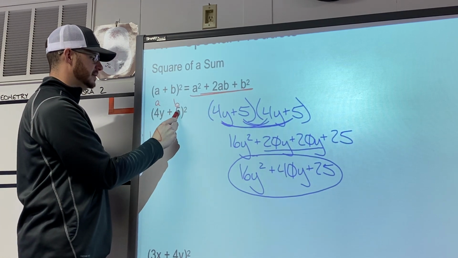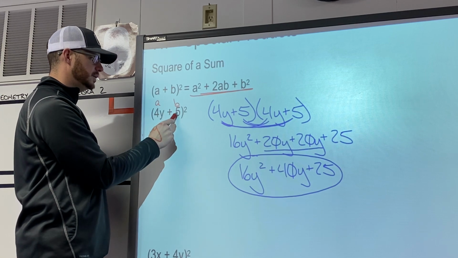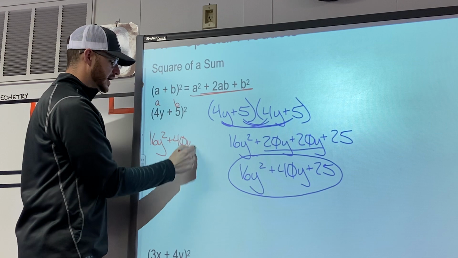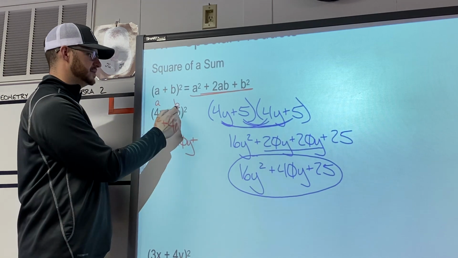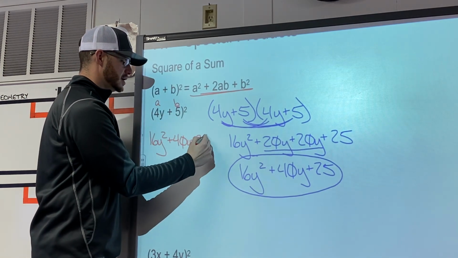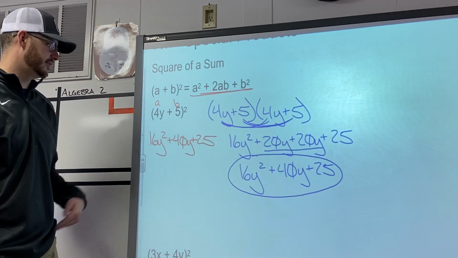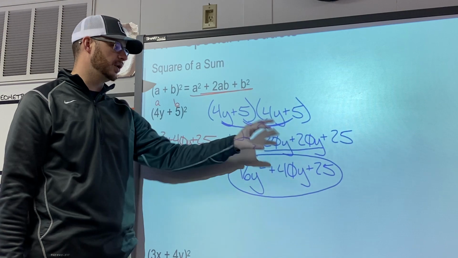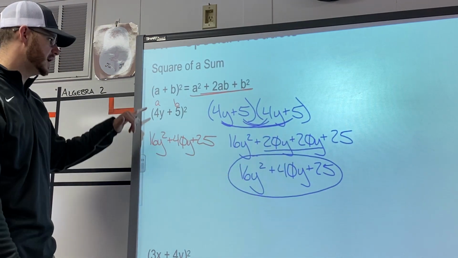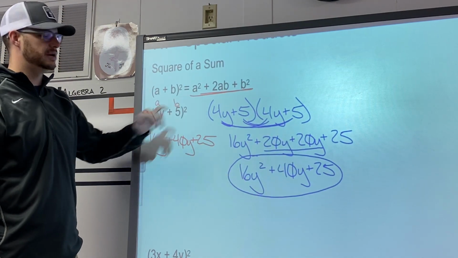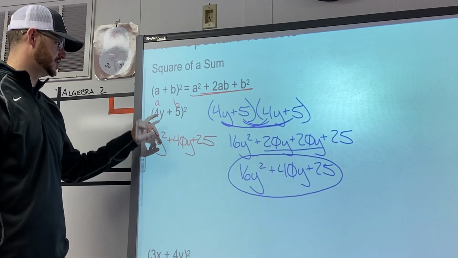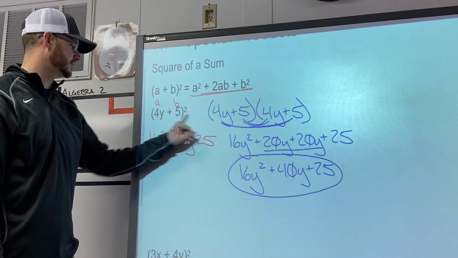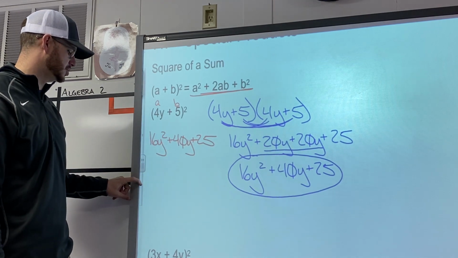So if we do a times b, that would give us 20y, times 2 gives us 40y, plus b squared, or 5 squared, which is 25. So again, it takes out those steps of having to write it out, FOIL it, combine your like terms. As long as you can remember that pattern, you're going to be able to just see, oh, I've got a square of a sum. I can just follow that pattern and get my solution.